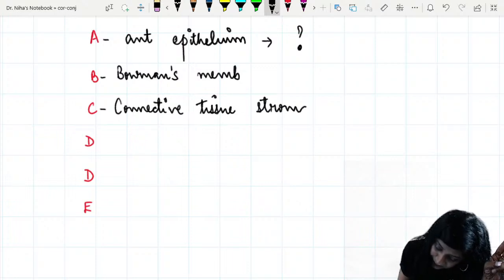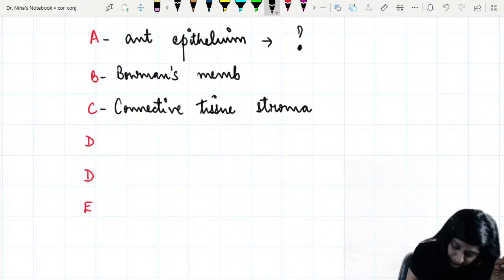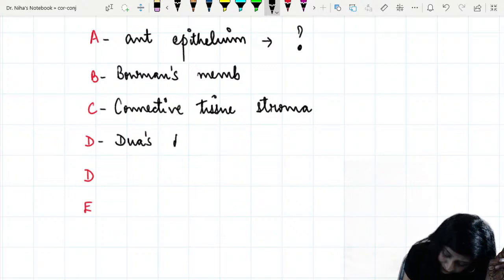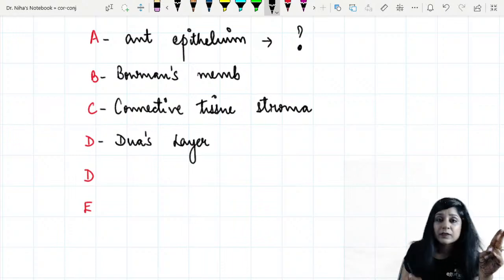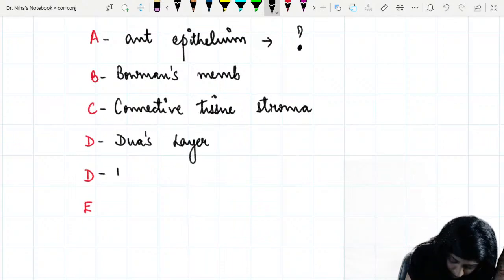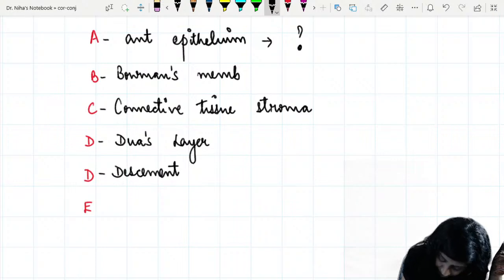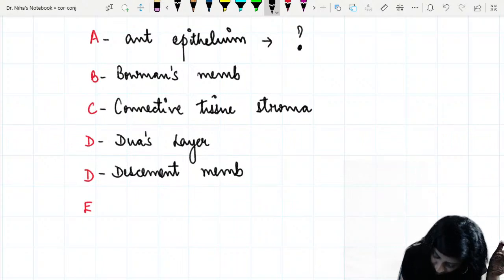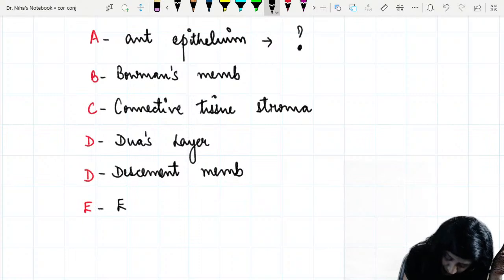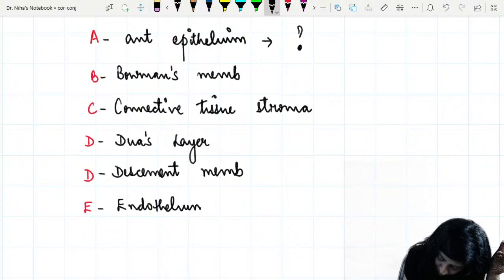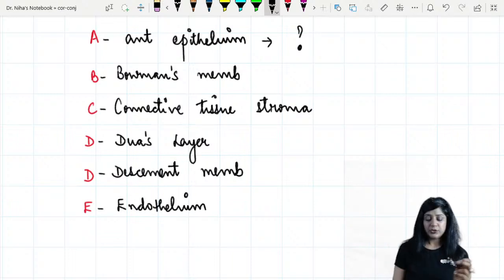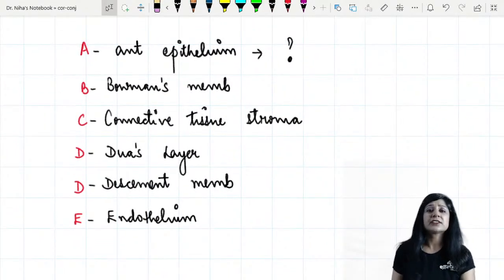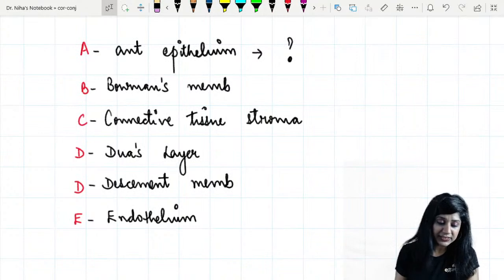D for Dua's layer. Then D for Descemet's membrane, and E for endothelium. So these are the 5 layers, 6 layers, which you can easily memorize.